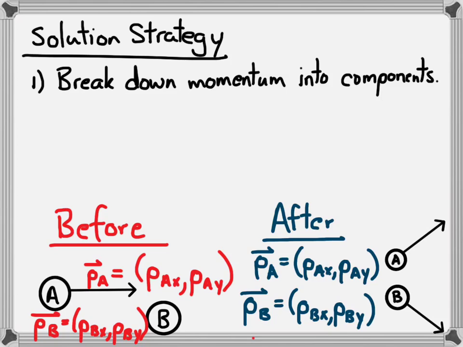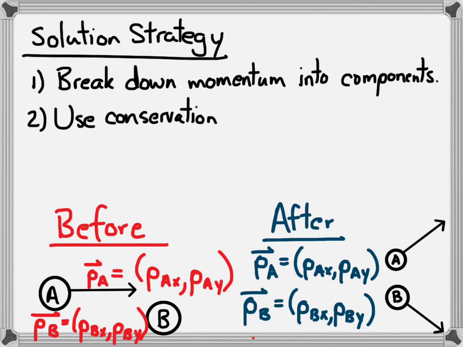That's what I mean by breaking down the momentum into components. We have to find each of these components before the collision and after the collision. That's going to involve some work, but I don't think you will find it overly difficult, just tedious.